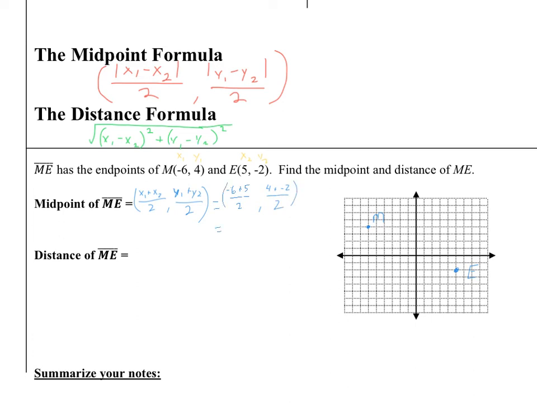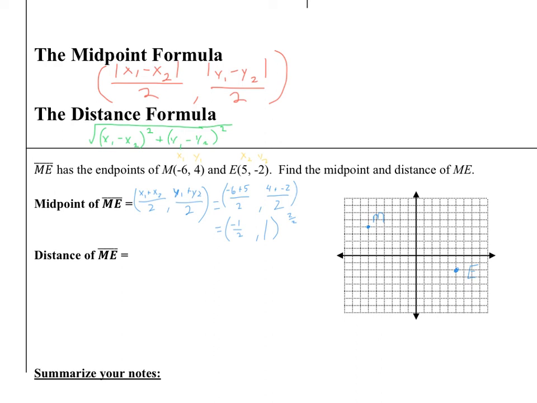So working this out, -6 plus 5 is -1 over 2. So -1/2. And my y coordinate, 4 plus -2 is +2. So that's 2 over 2, which is just 1. So my midpoint is going to be at -1/2, 1.